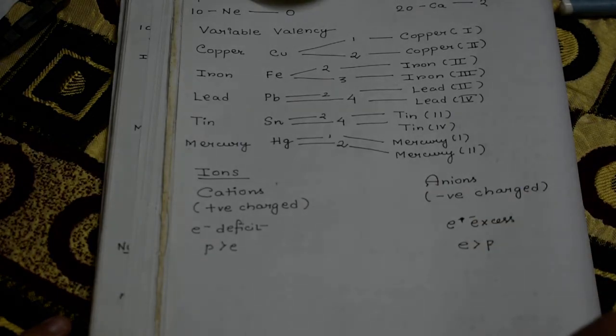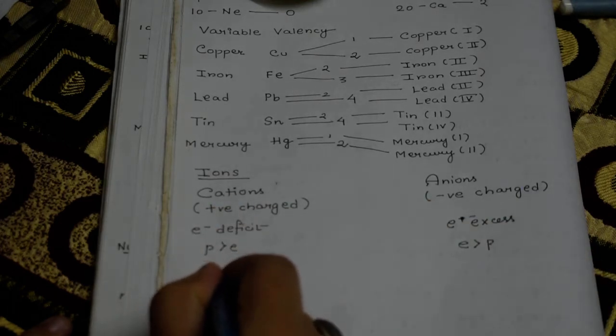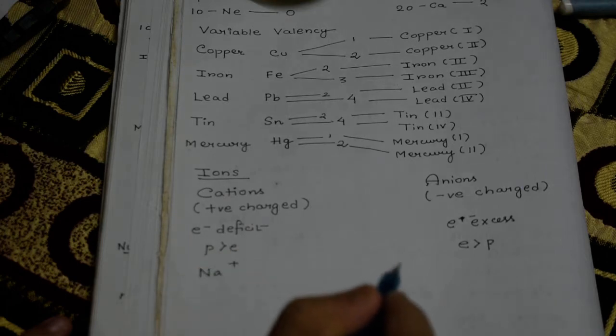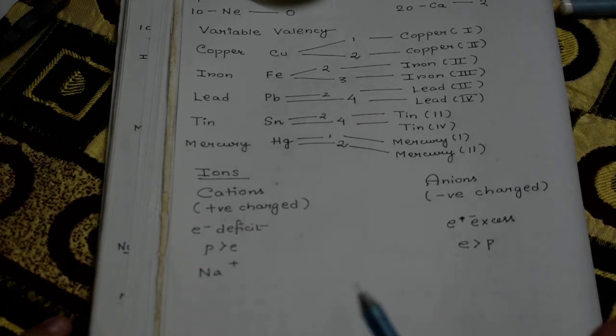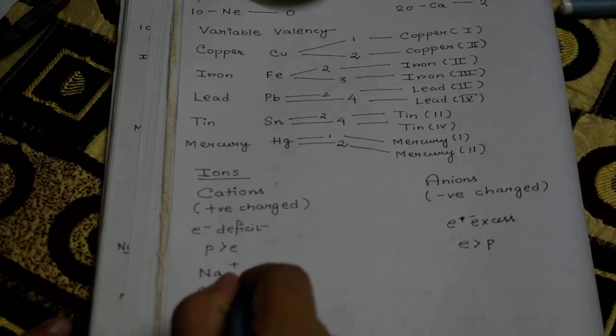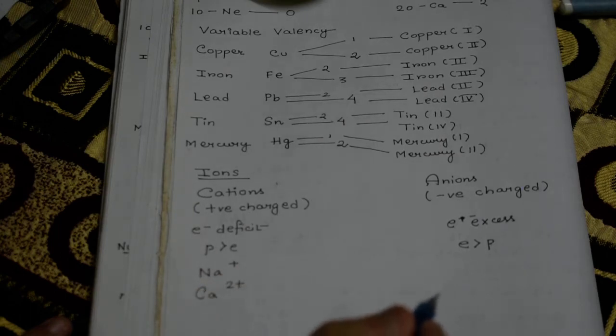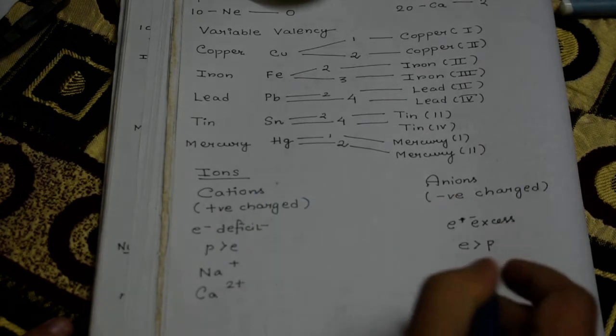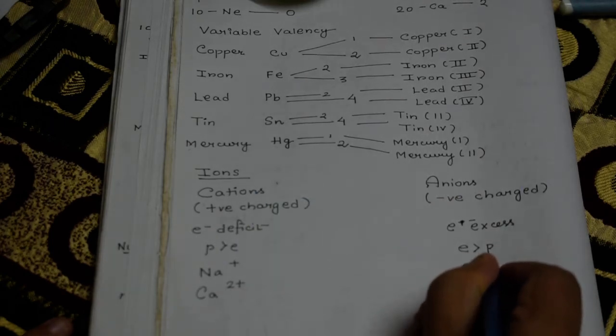Now based on what the charge is, the symbols change. Like if it is sodium, the cation of sodium has a charge of 1 plus because it has only one electron deficit. But if it's calcium, it is Ca2 plus because it has 2 fewer electrons than protons. Similarly for anions, if it is chlorine, it is simply Cl minus.